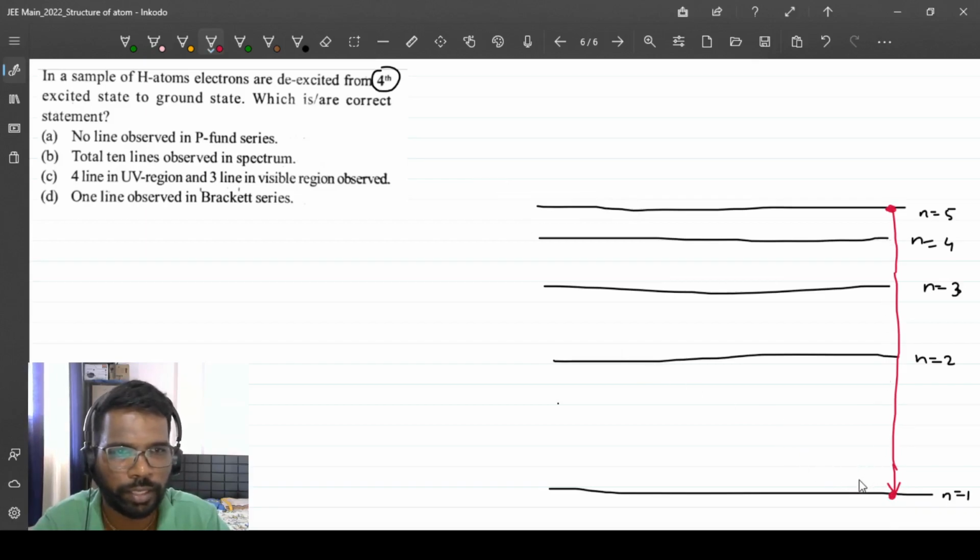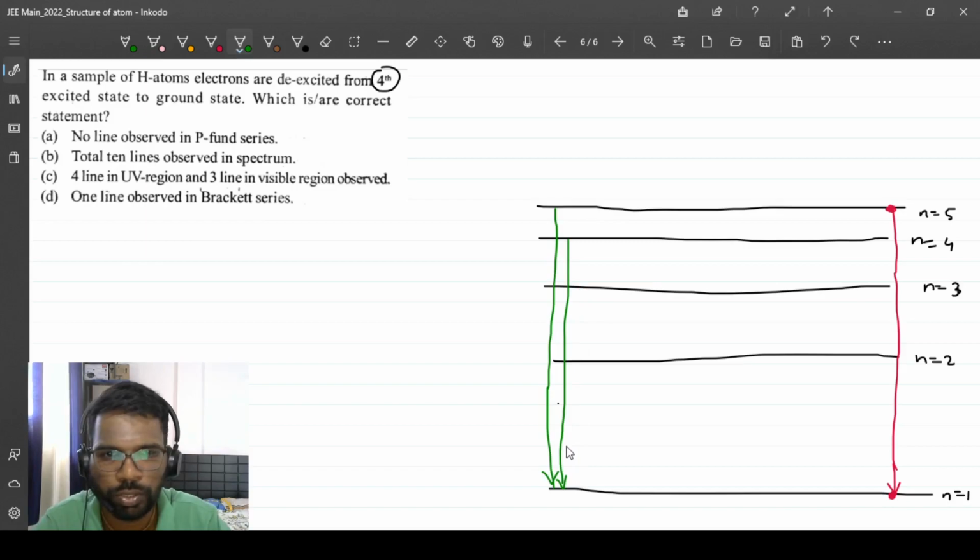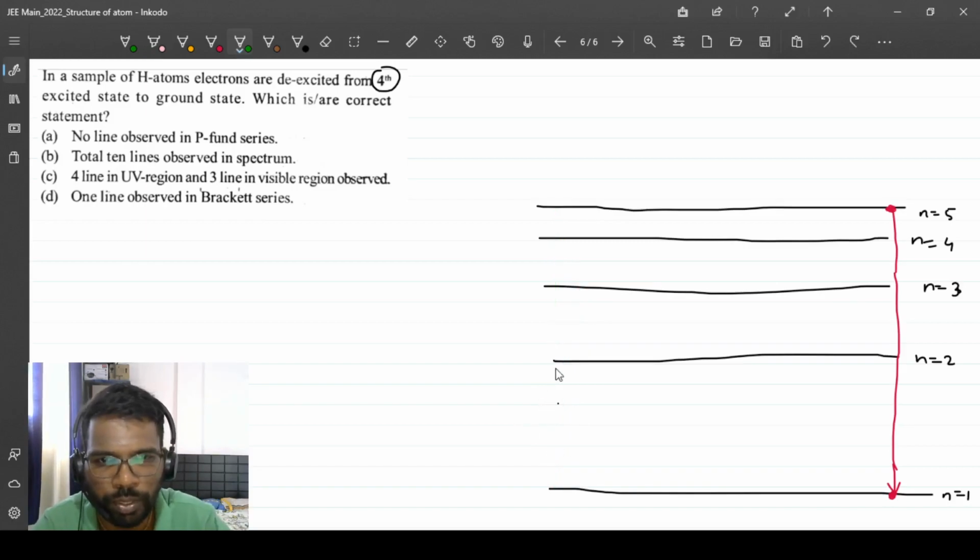This de-excitation is happening. Now, in this case, let us draw some lines which represent some series. So this is the Lyman series. This is the Lyman series.